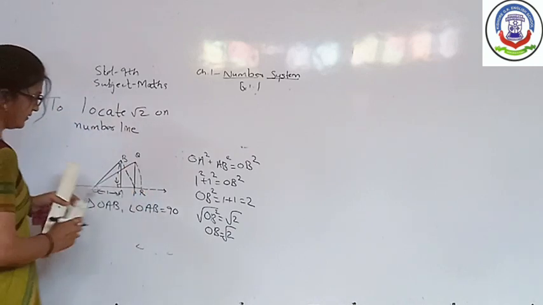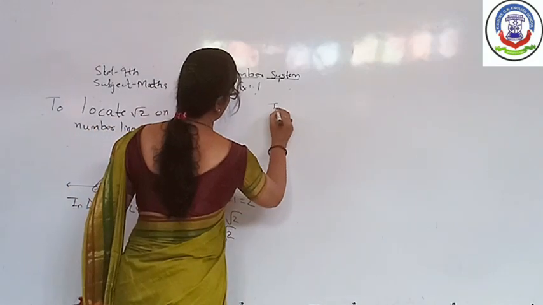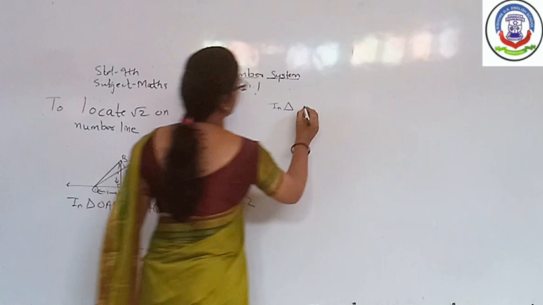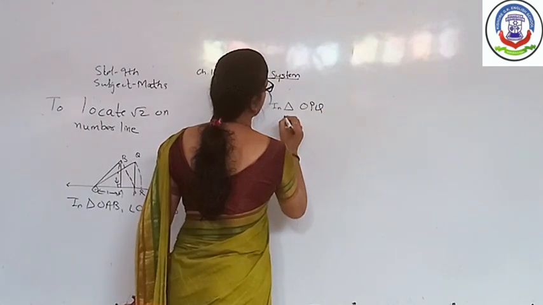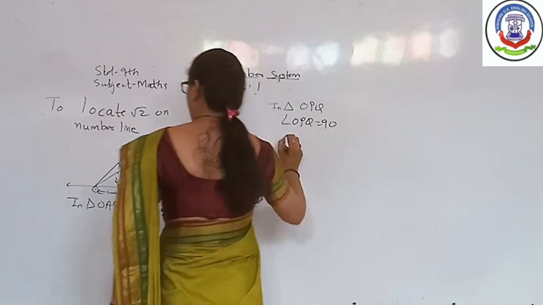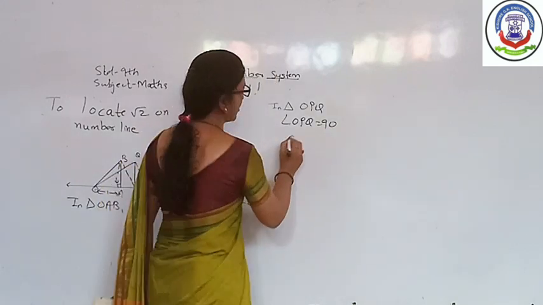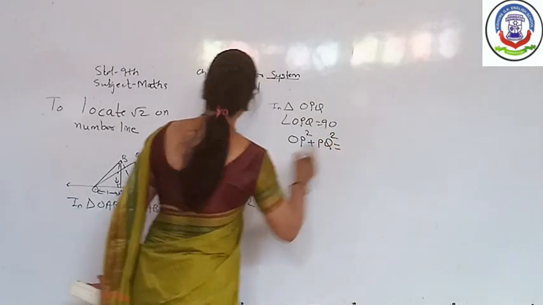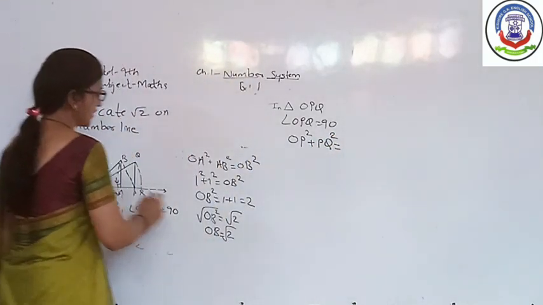Now in triangle OPQ, angle OPQ is equal to 90. Therefore, by Pythagoras theorem, OP square plus PQ square is equal to OR square.